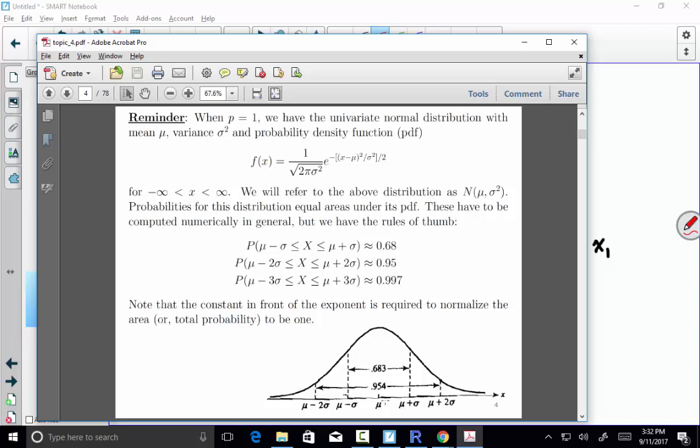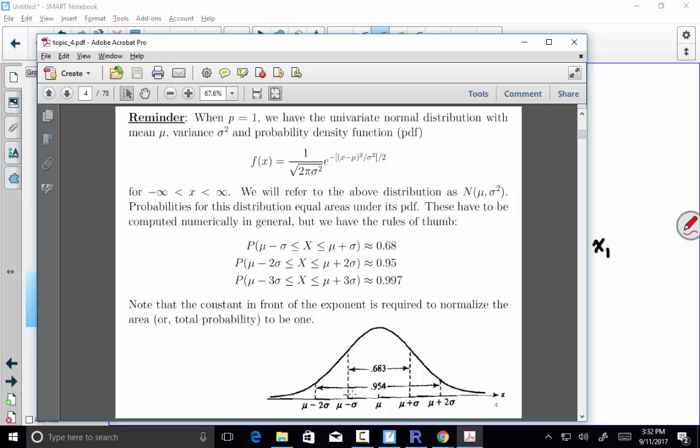So if you look down here at this picture, here's the mean right in the middle, mu. And if you go out plus or minus one standard deviation, so mu plus one standard deviation right there, and then mu minus one standard deviation right there. So plus or minus 1 SD, the area under the curve is approximately 68%, 0.68.